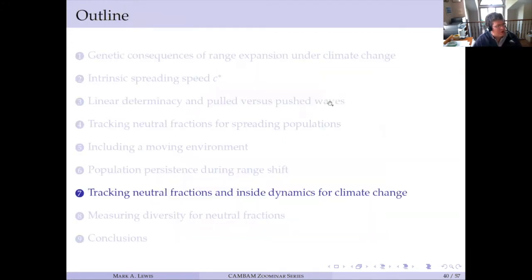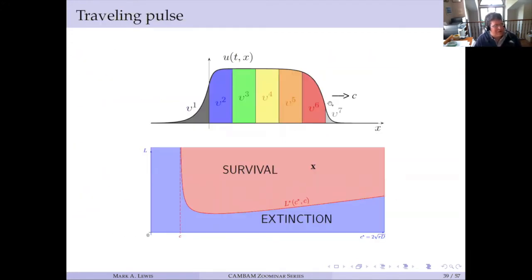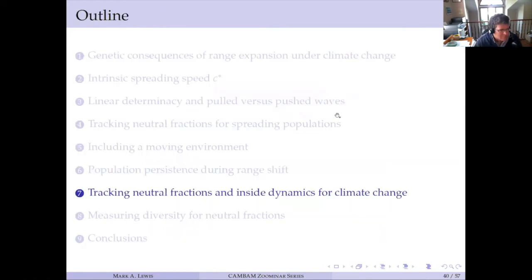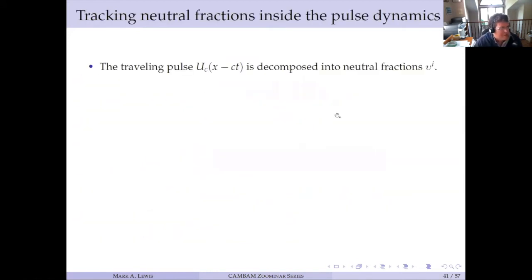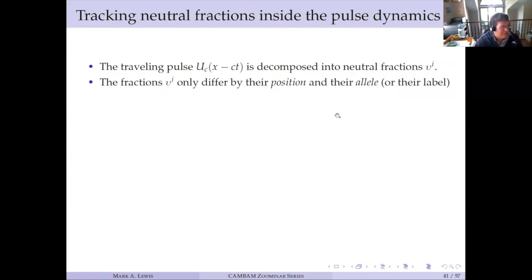Okay, so now we want to ask the same question as we asked earlier. What's going to happen to these neutral fractions as this pulse moves northward? We basically take the approach of Garnier and Roques, and actually this work was done by Jimmy Garnier when he was a postdoc with me a few years ago.